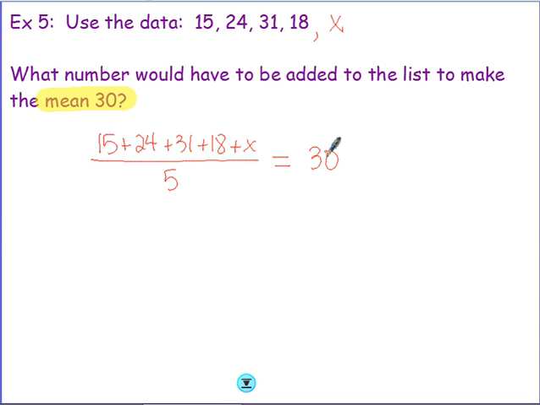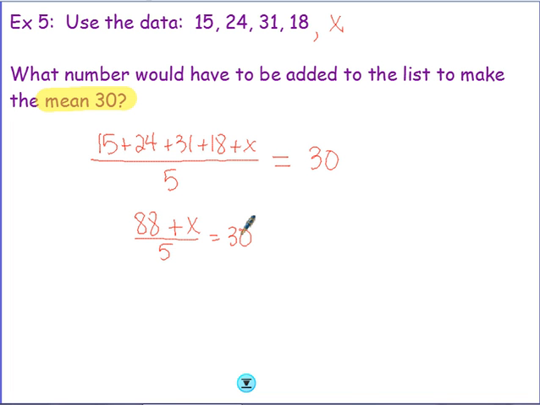Think about algebra problems. Most of you are probably thinking, well, I want to add up all those extra numbers. I like that idea. If we add up the 4 numbers you're given, we have 88 plus x divided by 5 equals 30. Well, we got to start moving stuff to the other side. We can't move 88 yet because of the division bar. We have to get rid of that division bar.